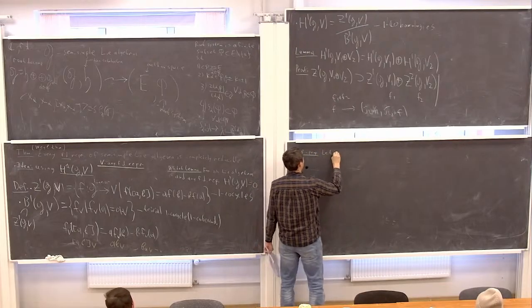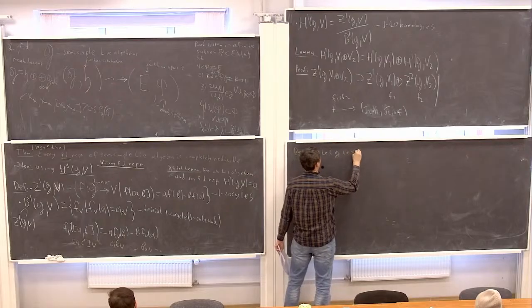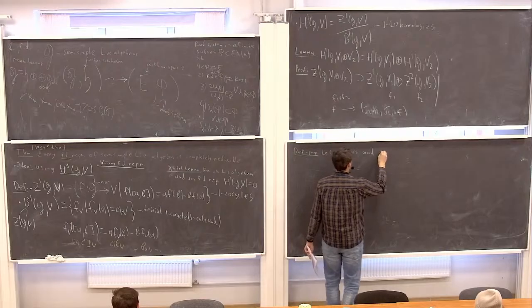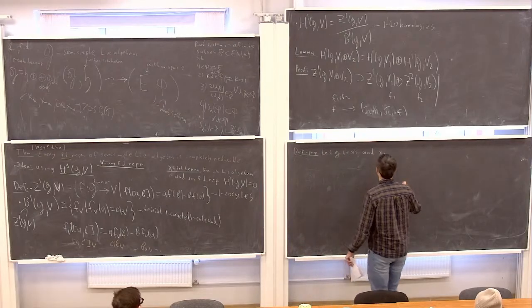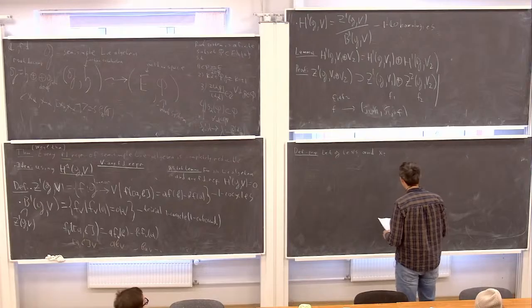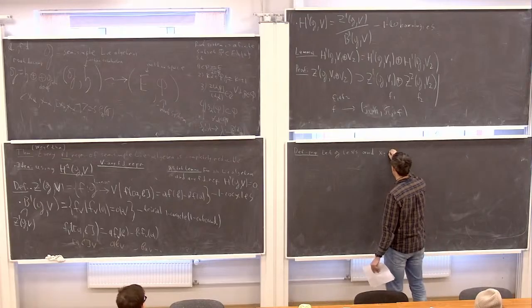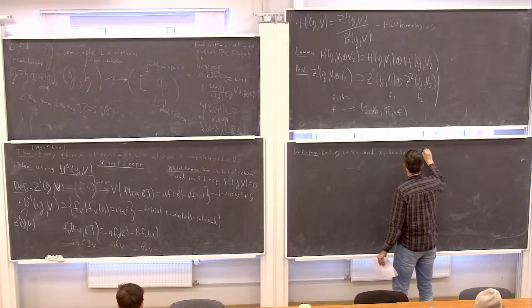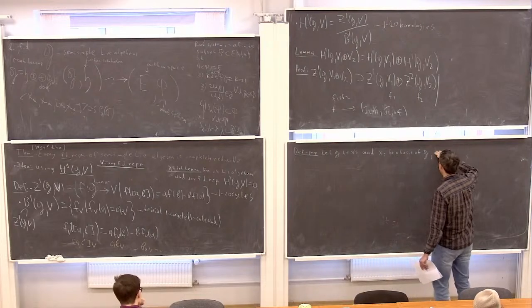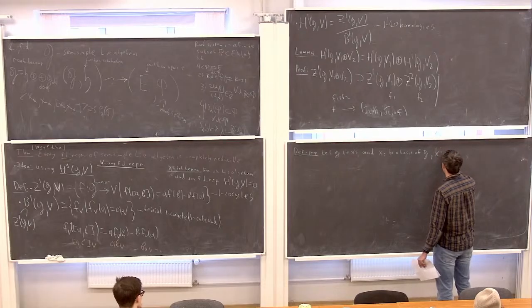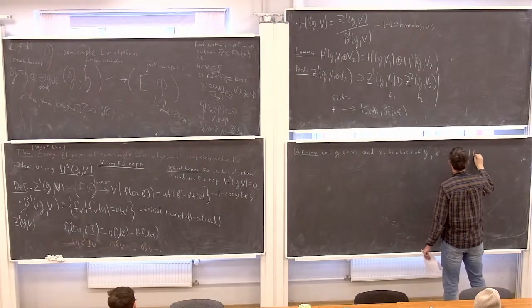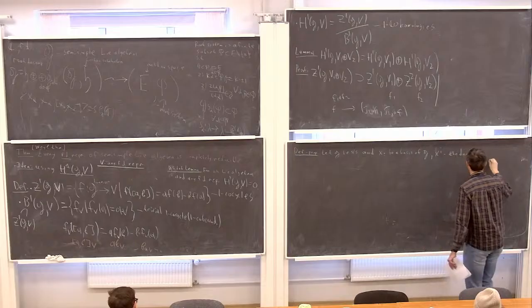Let G be semi-simple and x_i be a basis of G and x^i be a dual basis with respect to the Killing form.